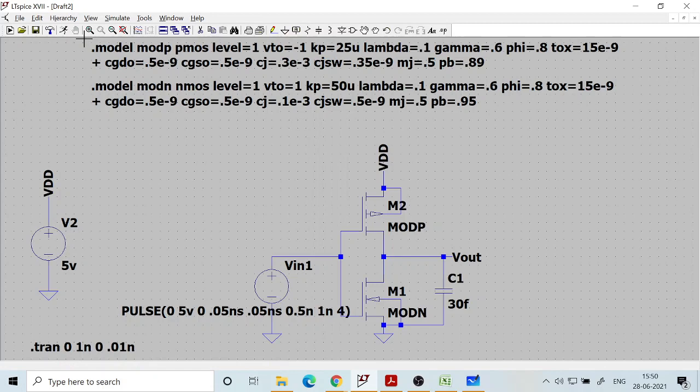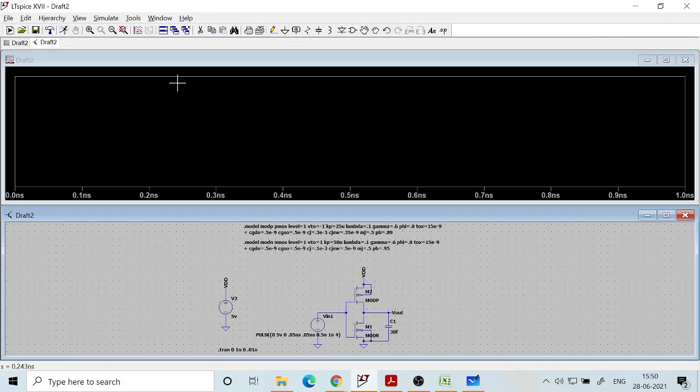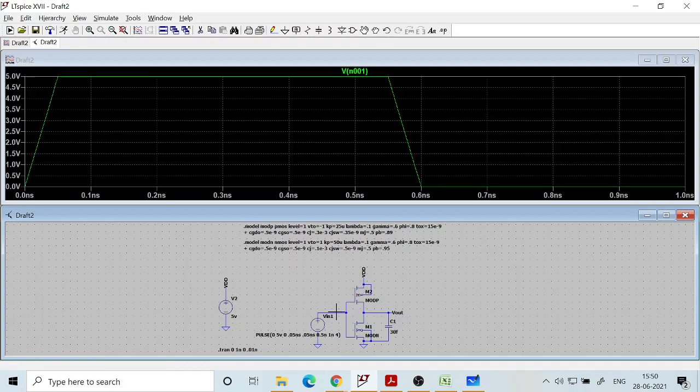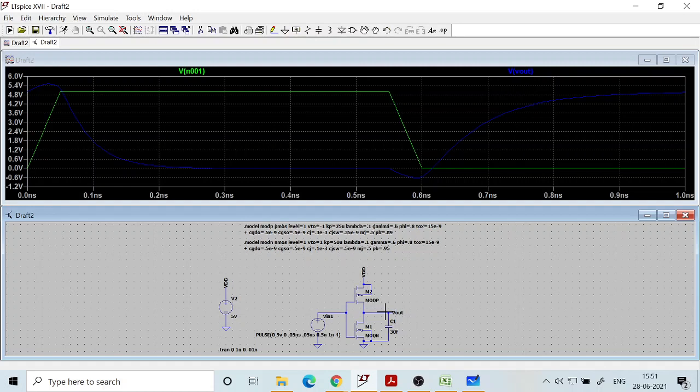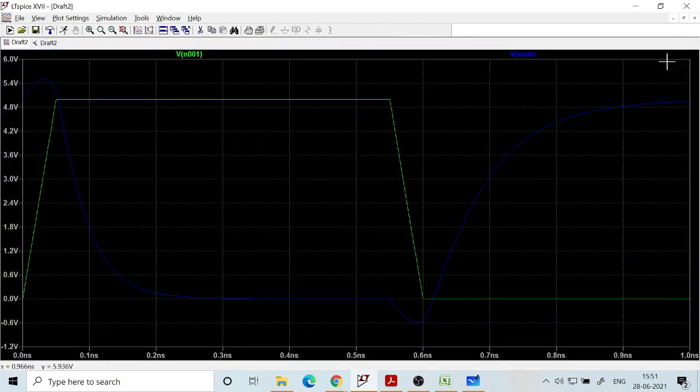So now if I run it, what should we expect? We should expect a slower rise time and slower fall time. Yeah. So again you repeat the measurement.